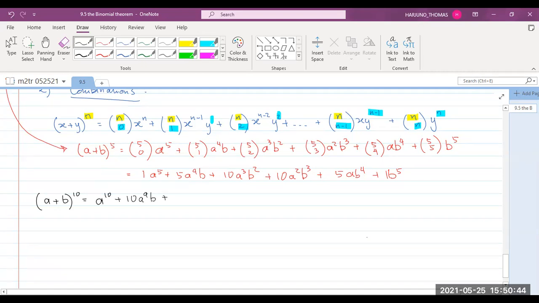The coefficient of the second term is always n. And then this guy here, I don't know anymore. This is 10 combination 2, a to the 8th b squared, plus 10 combination 3, a to the 7th b cubed. You see that the number at the bottom here is always the same as the exponent of the second variable.